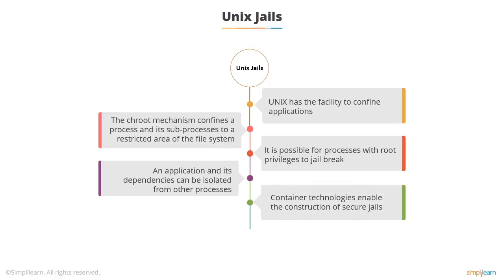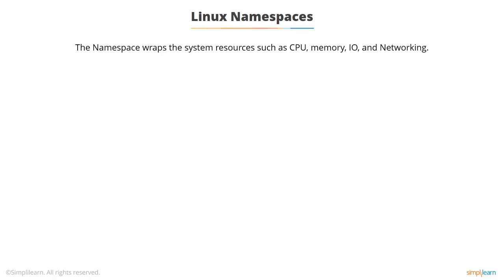And now we can make secure jails, which is much better. This enables you to do a thing called operating system level virtualization, which is getting very popular these days. So what happened is in Linux, a series of namespaces were defined, and there's a number of them.